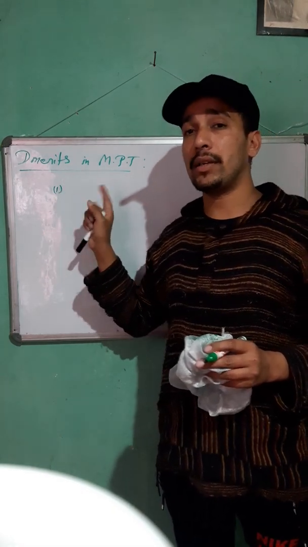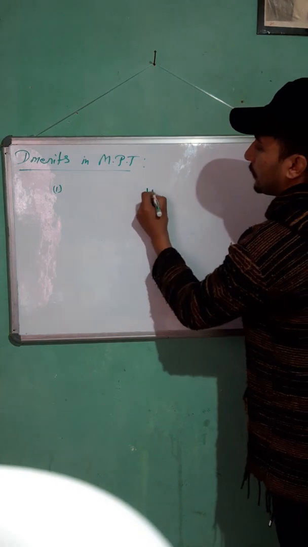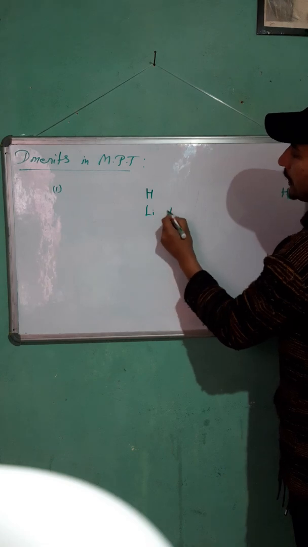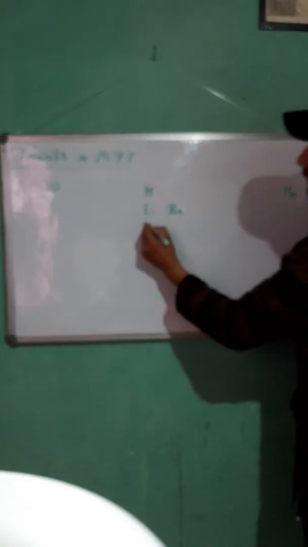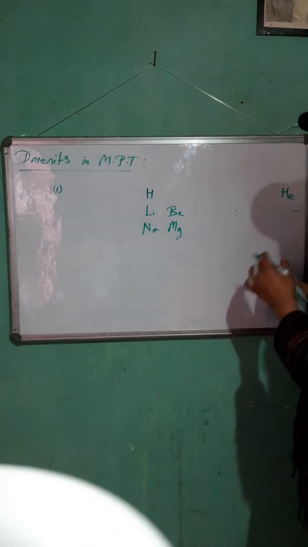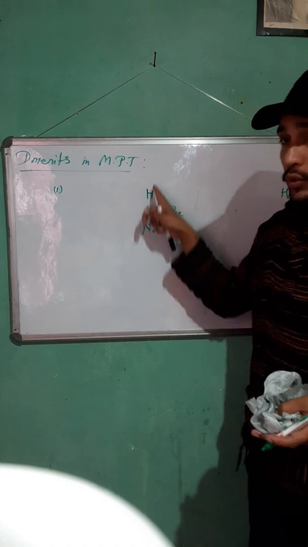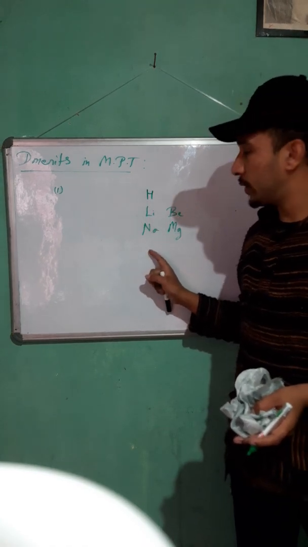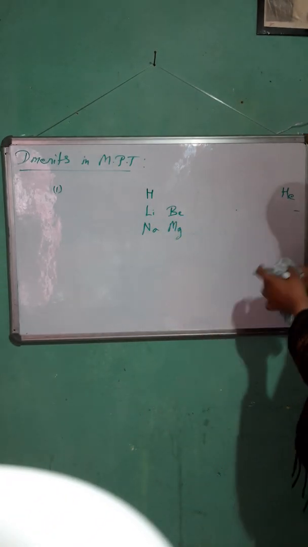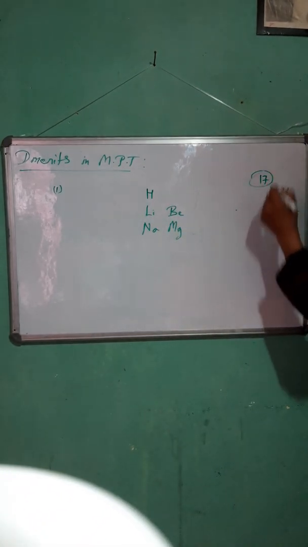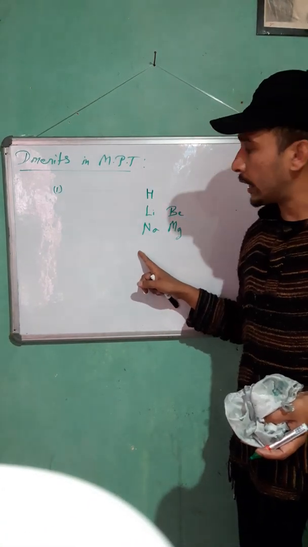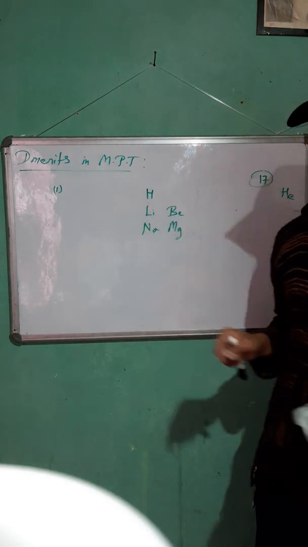Hydrogen is a non-metal, but it is kept in first position. Here you have helium, lithium, after that beryllium, boron, carbon, and so on, then sodium, magnesium, aluminum, and so on. So hydrogen is kept in group 1 of modern periodic table, which is controversial. Hydrogen is a non-metal, so it should be kept in group 17, but it is kept in group 1 with the metals. So that is the first demerit.